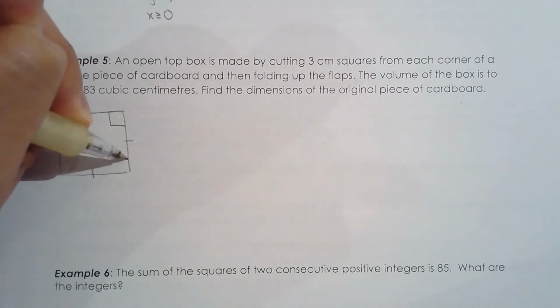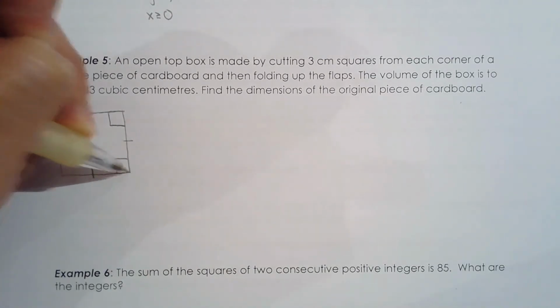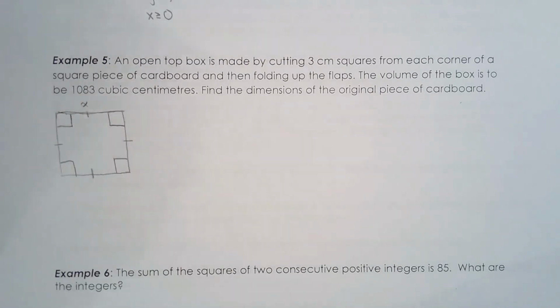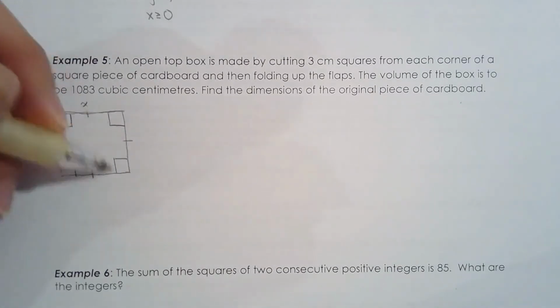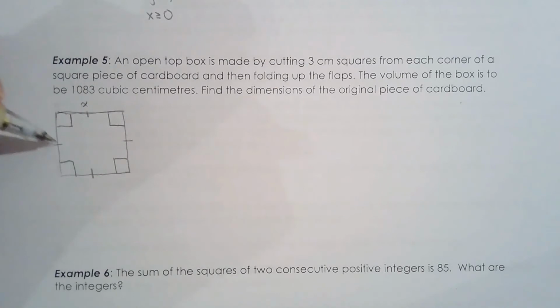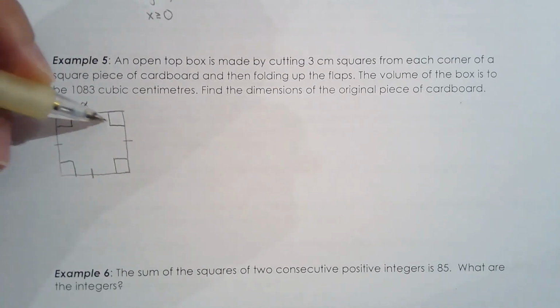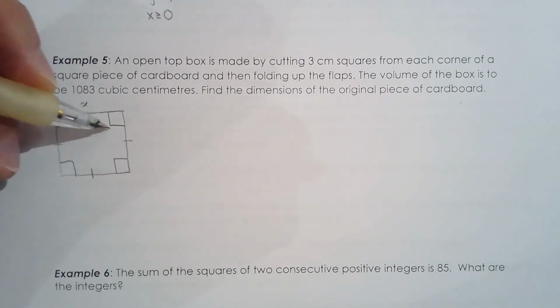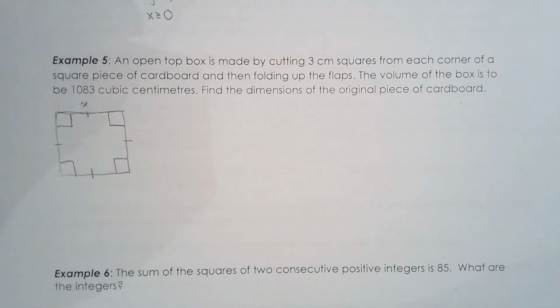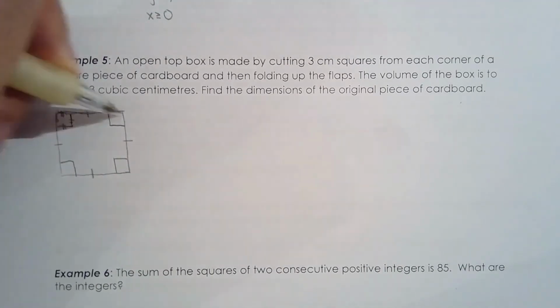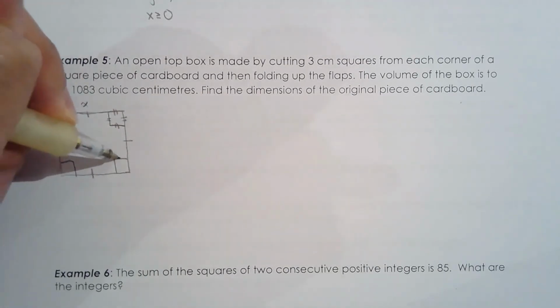Well, why would you do such a silly thing? Because if you cut the squares, you basically have a cross, right? A weird looking cross, but a cross nonetheless. And if you fold up these flaps, then you can make your open top box. Okay, so what's important to note is that the squares you're cutting out are 3 centimeter squares.